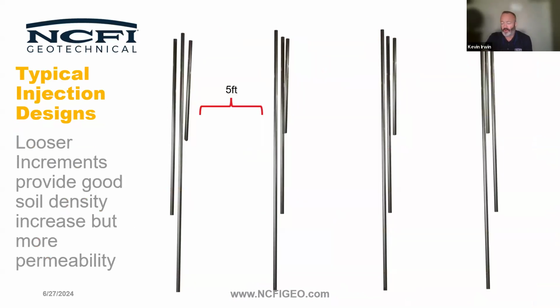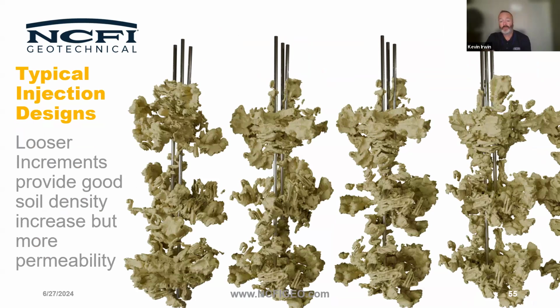At a greater spacing, of course, we still provide good soil density, but maybe a little more permeability of the soil, assuming it's a permeable soil to begin with. So with looser increments, there may not be as much interlocking between our foam injection points, but we can still get a very good soil density increase from that.